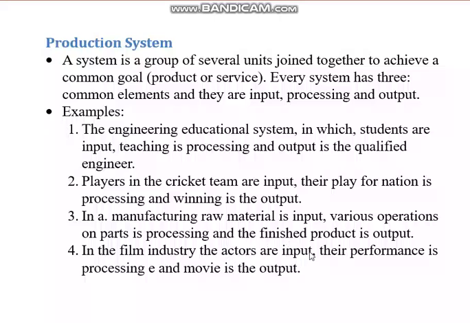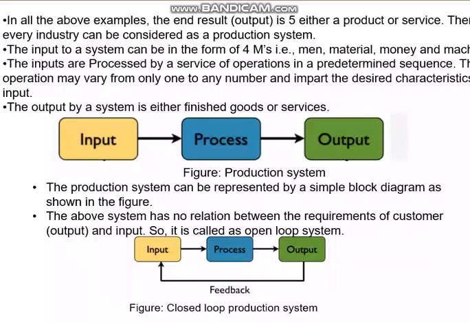They are all input. Their performance is processing, and the movie is the output. So these are some examples of a production system. In all these examples, the end result is either a product or a service. Therefore, every industry can be considered as a production system.